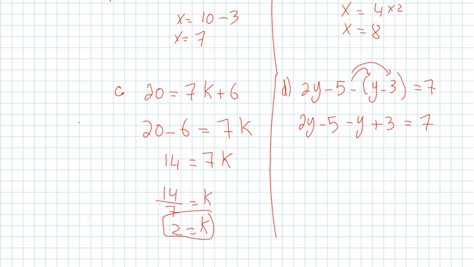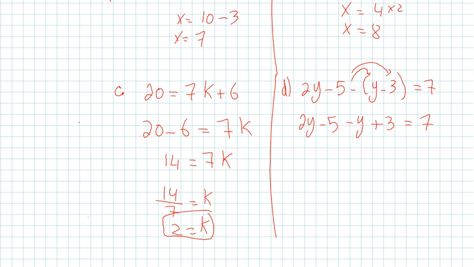You guys remember what the word like term means? Yes. Like terms have to have the same variable with the same exponent. Okay? So not only is it enough to have the same variable, the exponent has to be the same. So in this case, I only have one letter, which is y, and then the exponent is 1 for both of them. Right? So all I have to do is put this and this together.